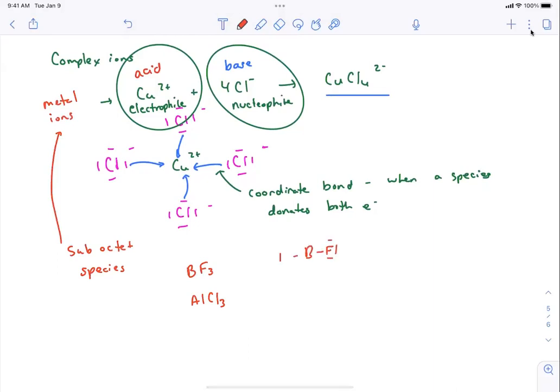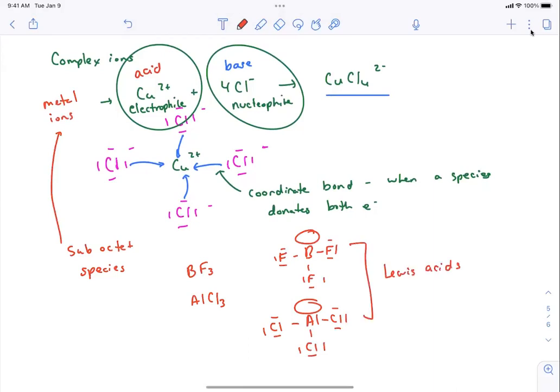Because when you draw BF3 out, you notice it only has 3 bonds and it has an opening to accept a pair of electrons. AlCl3 is the same way. So these are both Lewis acids. If you see two species combining together to form a new bond between them, that's generally a Lewis acid-base reaction.